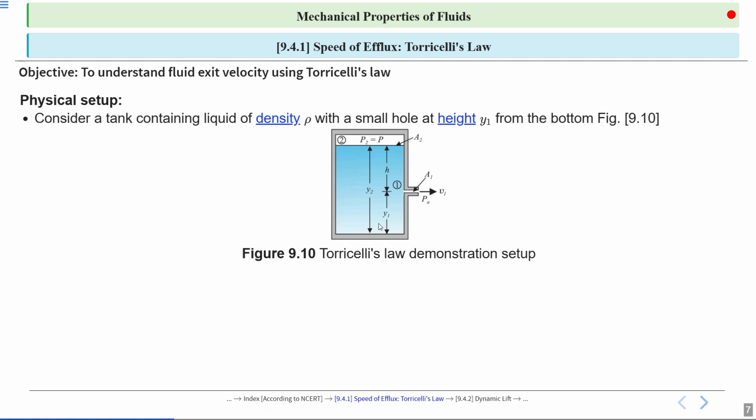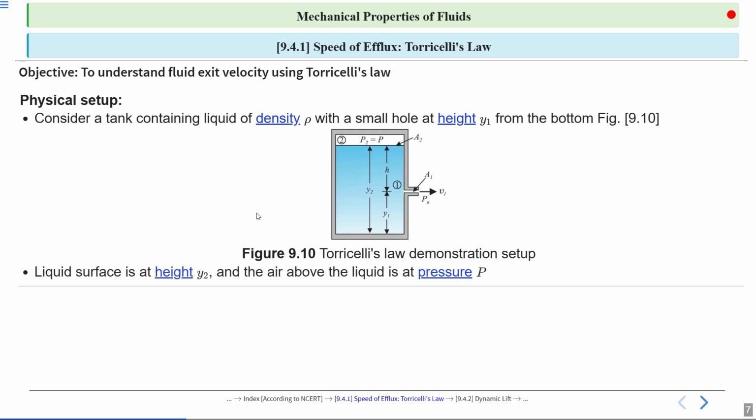Similarly, here y2 is another height. The liquid surface is at height y2 and the air above the liquid is at pressure P.